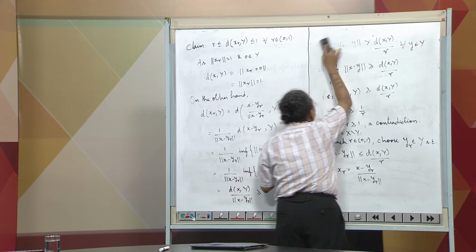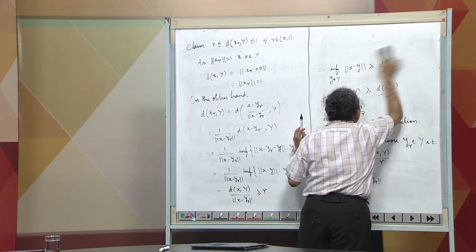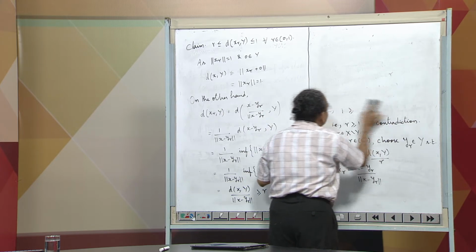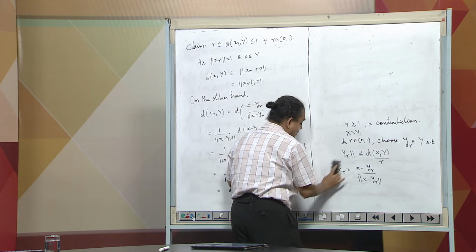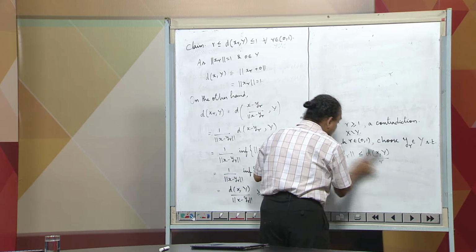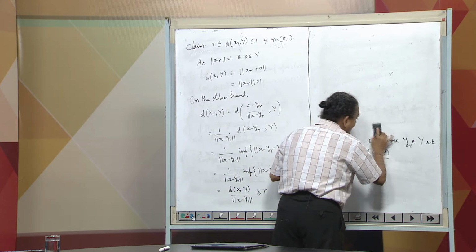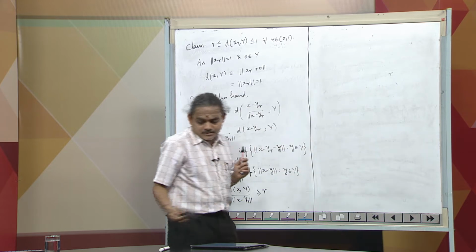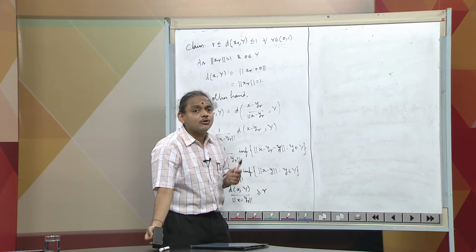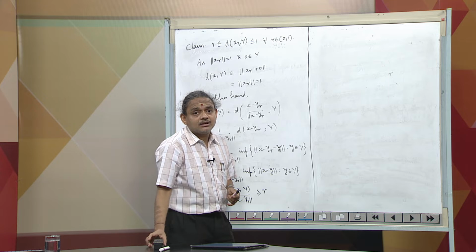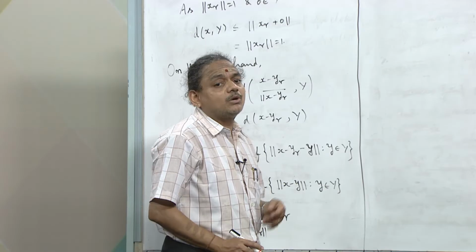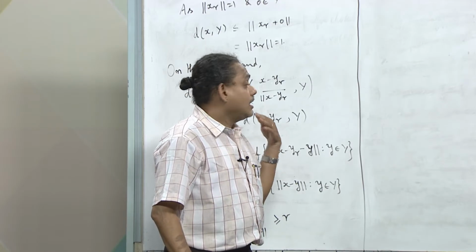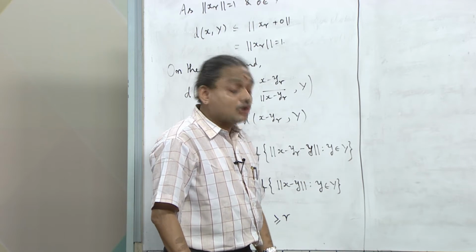The next natural question that we would like to address here is the following: what will be the interior of a subspace? And before we speak about interior, the natural question is when is the interior non-empty?